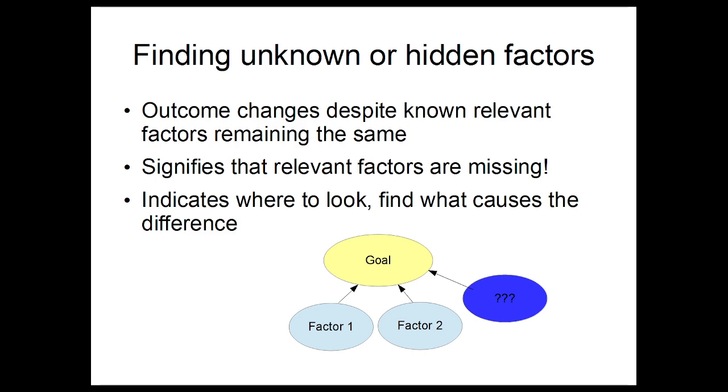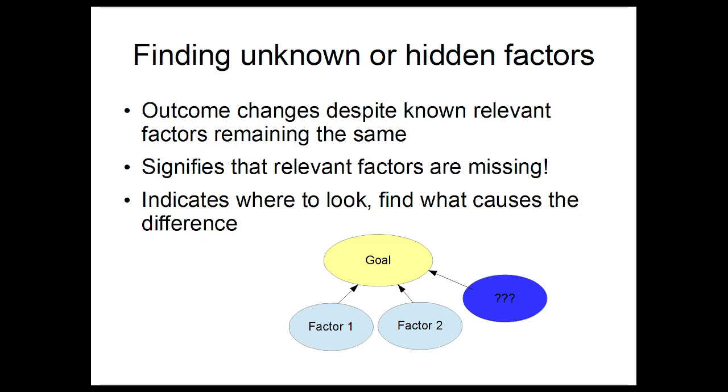Well, there's a big thing that you have to look for. What you need to notice is if there are any situations where all of the factors that you've identified are the same, but you can end up in different outcomes anyway.